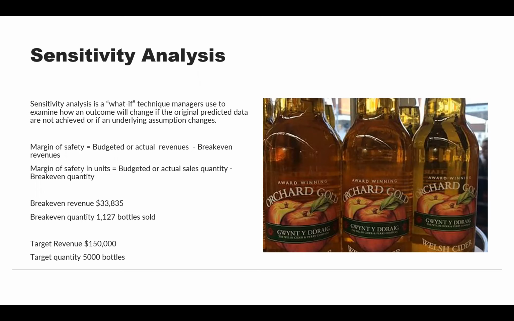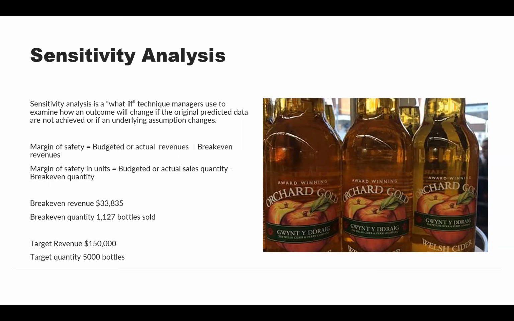And your break even quantity is 1,127 bottles at $30 a bottle, in order to not lose money by being there. So now let's say your target revenue, in order to feel like it was worth your time to go, is $150,000, and your target quantity, like you think you can sell, is 5,000 bottles.